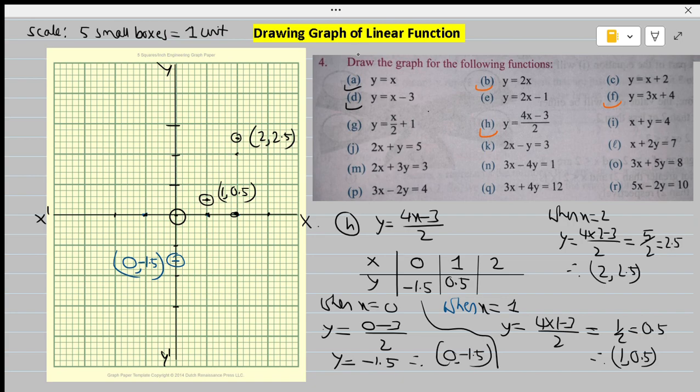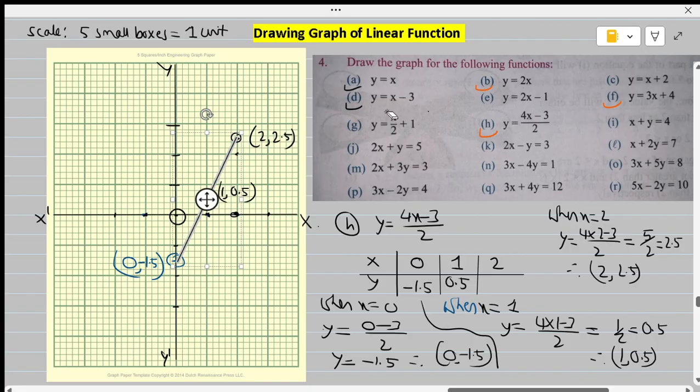Okay, so all 3 points we have placed. Now it's turn to join the points to draw the line. So from here we start and we reach up to here. Make it a straight line with the ruler. Done.